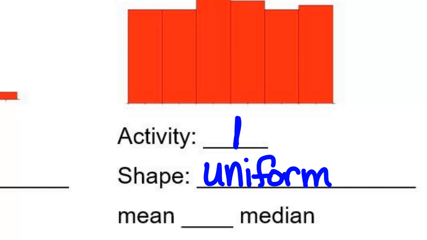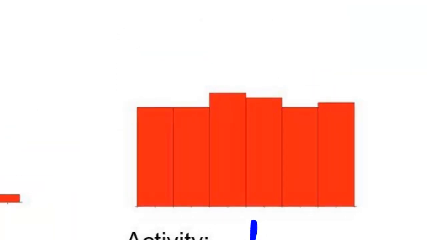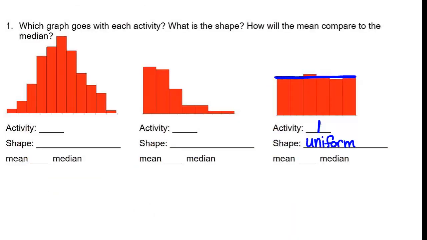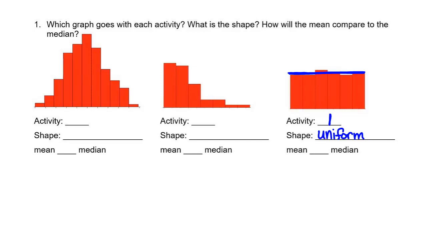We call it a uniform distribution, though, because I can have lots of different graphs that have that symmetry down the middle, but I don't have graphs most of the time that look like a rectangle, right? So this is a more descriptive term than symmetric, a uniform distribution. And it looks like right about here is the probability for those. All right, so that's our rolling the die, activity number 1.